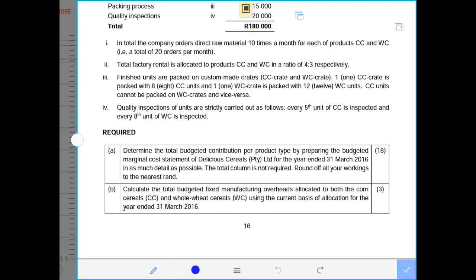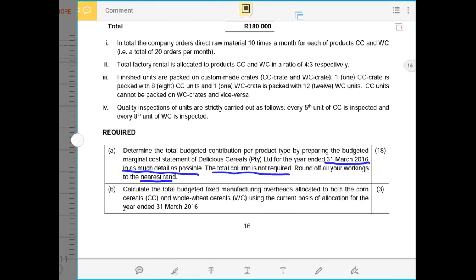So when you're calculating the cost of production using the marginal cost statement, we only take into account the variable manufacturing costs, and that becomes the cost per unit and the total cost. This is at the 31st of March in the year 2016 in as much detail as possible. Then the total column is not required, and we're required to round off to the nearest tens.